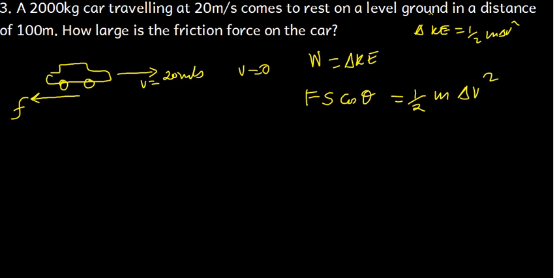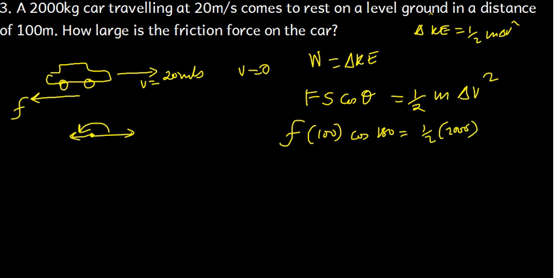Now the friction we don't know, the distance we know it should come to rest in 100 meters, and then cosine, because this is friction, the direction of motion is forward, but friction is acting in the opposite direction. So the angle is always 180 in that case, and that should be equal to half. The mass is 200.